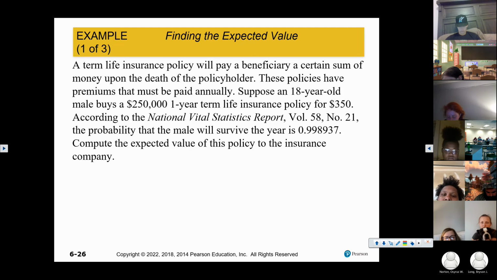Now I want you to highlight "to the insurance company," because this question is by the eyes of the insurance company. So somebody tell me what the $350 is to the insurance company. Would it be positive or negative?